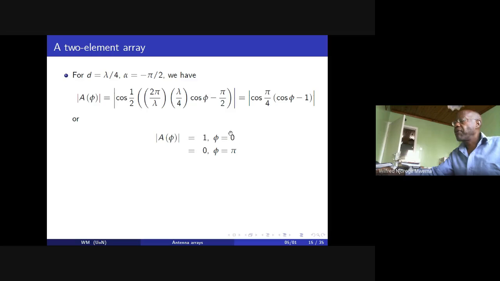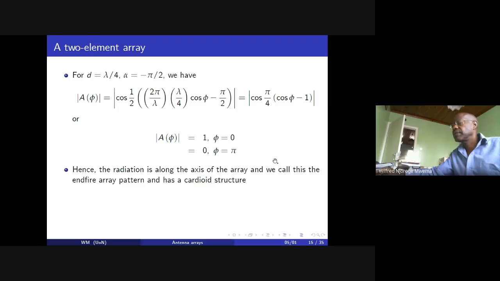It's now going to be maximum along the direction of the axis of the array, and it's 0 in the directions opposite these values. And hence, the radiation is along the axis of the array, and we call this the end fire pattern, and it has a cardioid structure.